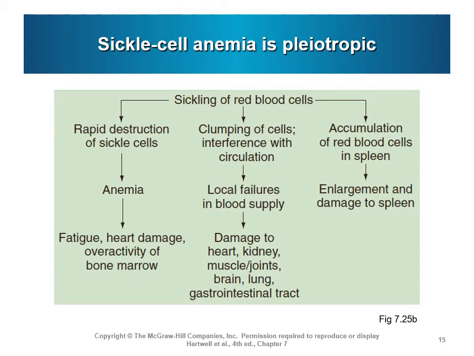Sickle cell anemia is pleiotropic. If you can recall, we have talked about pleiotropism. Pleiotropy is when a mutation in one gene can cause dysfunction in other proteins, other functions that seem to be unrelated to the mutated gene.